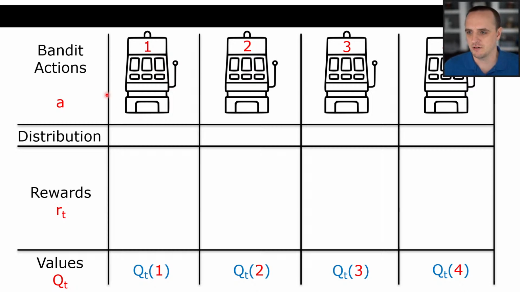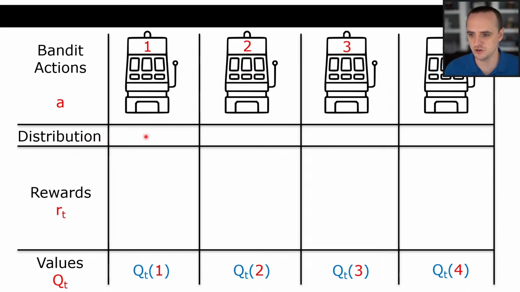On the top here, I've got my different bandits. I've got all my slot machines 1, 2, 3, and 4. And so n is 4, this is the 4-armed bandit problem, and these are my actions. So a equal to 1 means I chose the first slot machine. a equal to 2 means I chose the second slot machine. My distribution, we'll talk about that in a second.